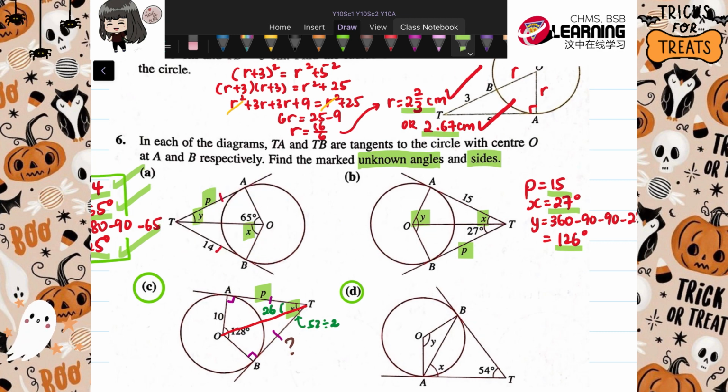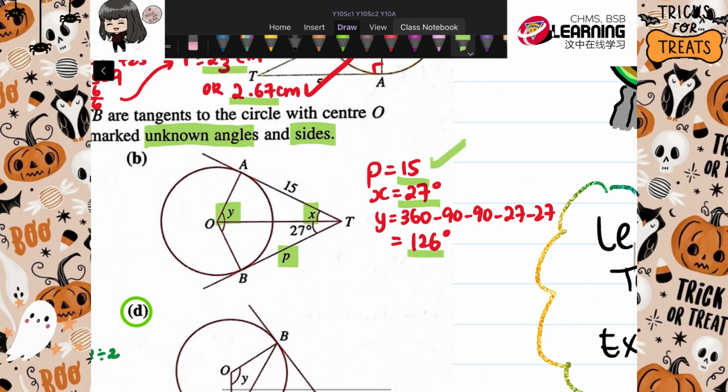Then b, p is 15, x is 27 and y is 126. Your y is the whole thing here. I think a lot of you thought that it's only this one part. It's both parts, so whatever you get for one part only, you times 2. Or you use 360 minus this 27 and 27 and the 90 and the 90.